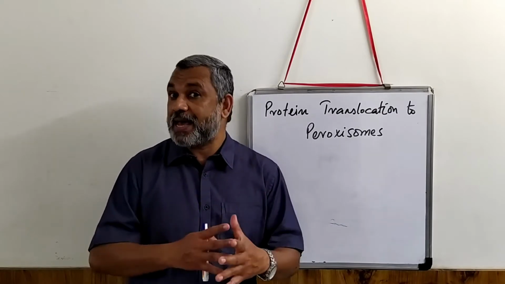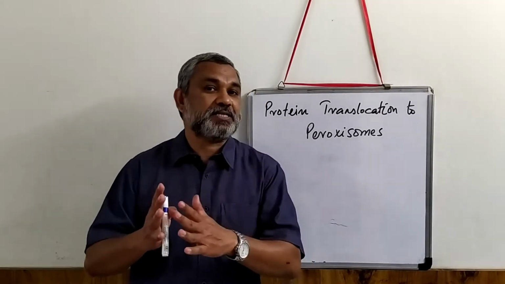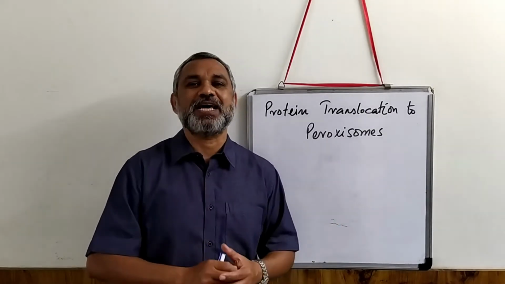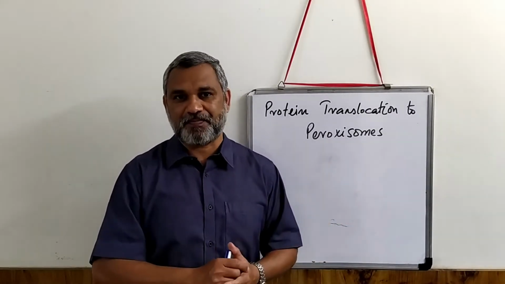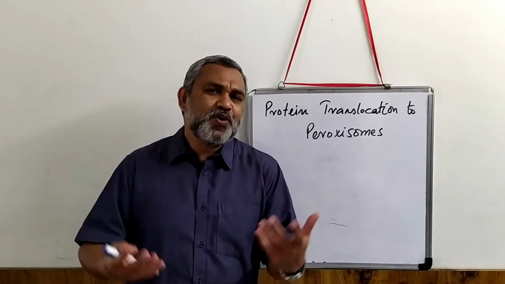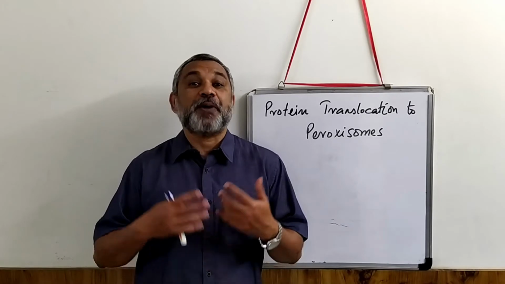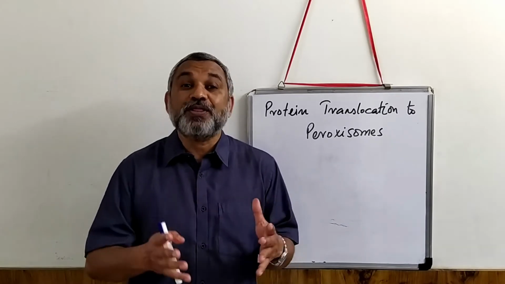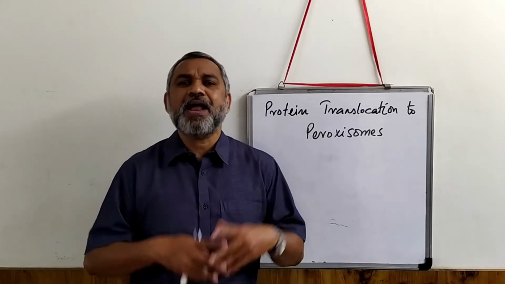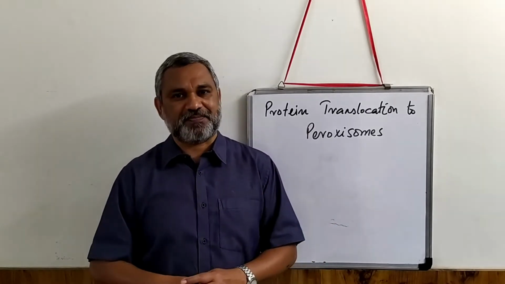Let us see that all the proteins meant for peroxisomes are synthesized in the cytoplasm and they have to be transported. If you look at the origin of peroxisomes, we know that they have originated from the endoplasmic reticulum and they are found in eukaryotic systems.